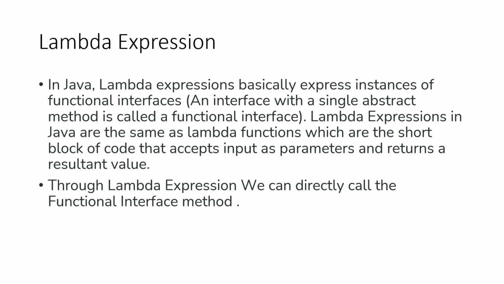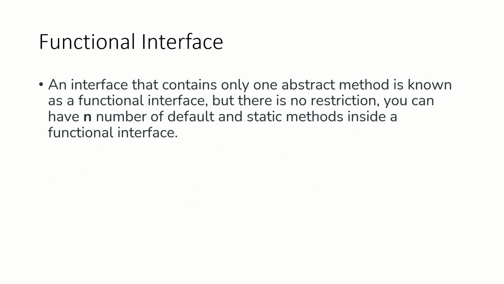Now let me go to the next slide and explain the functional interface. As I have already told you, a functional interface is an interface with a single abstract method. Here I have written down this description, let me read it out for you. An interface that contains only one abstract method is known as a functional interface.